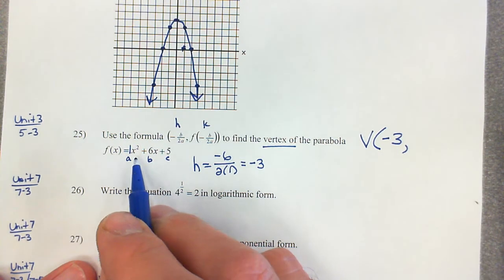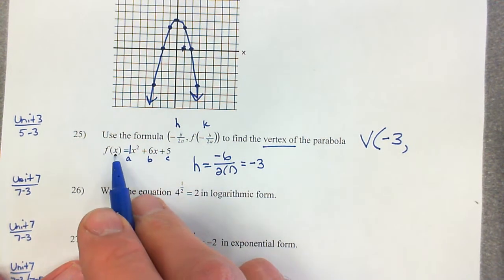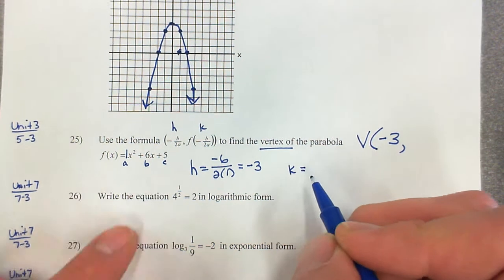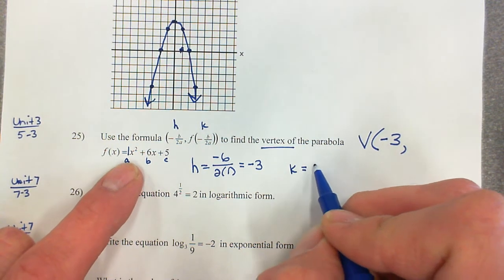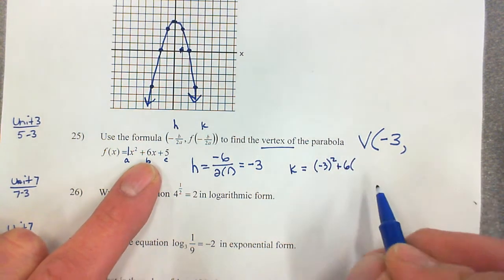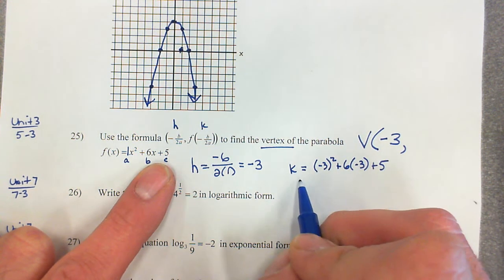Okay? Now, to find out what your k is, you're going to plug -3 back in here. So your k is going to equal x squared, which is -3 squared, plus 6 times -3 plus 5.